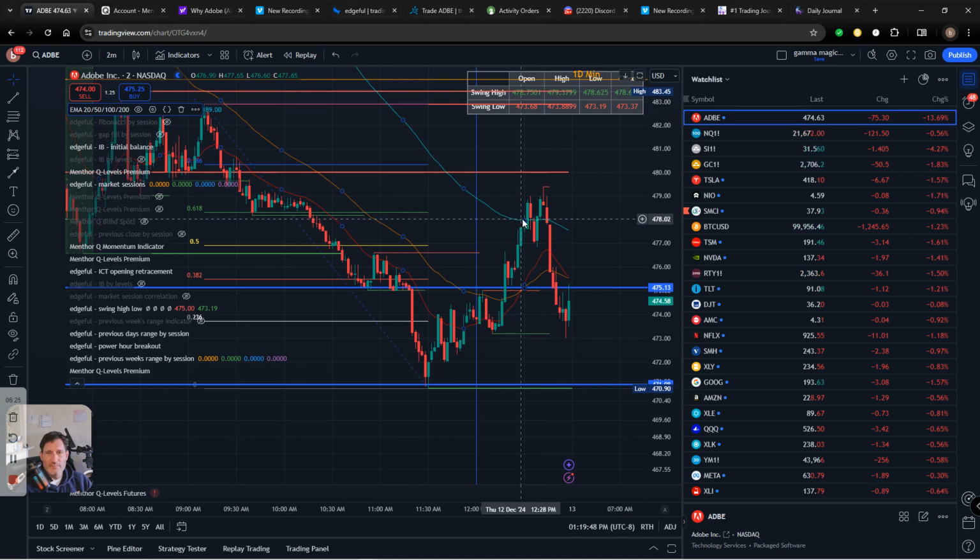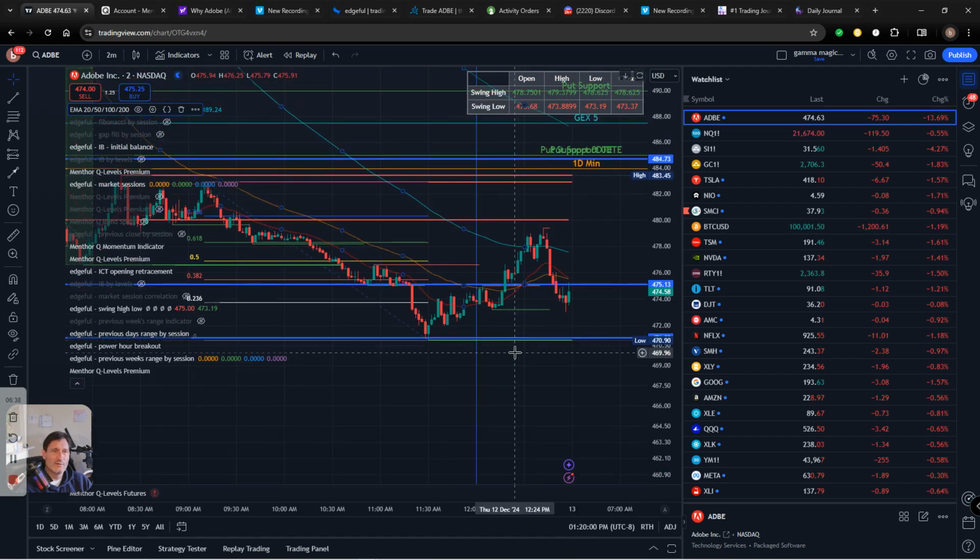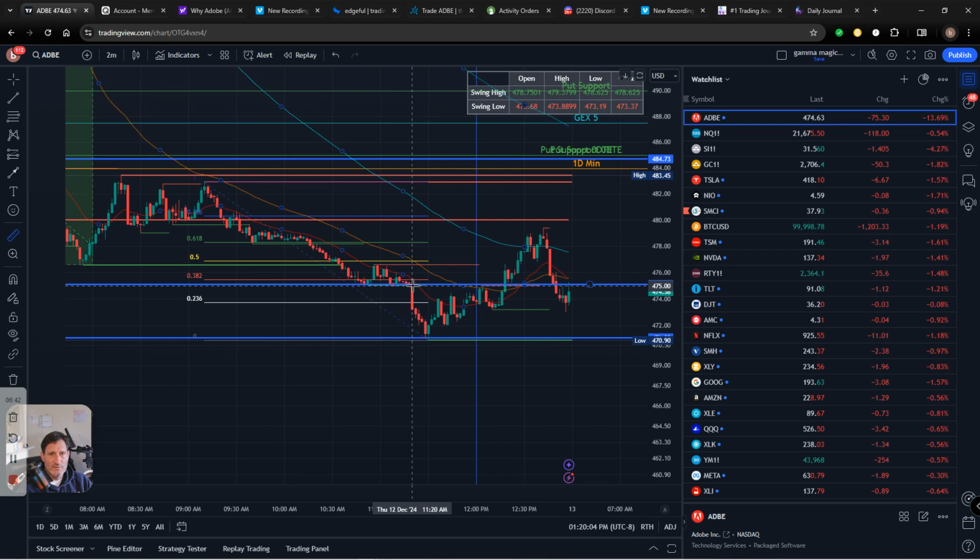So this would have been a good spot to take profit off of the buy on 75. I held through 5 points. I was looking for 10 points, so this was a 2-to-1 risk to reward here.